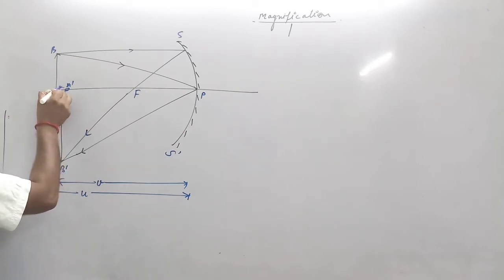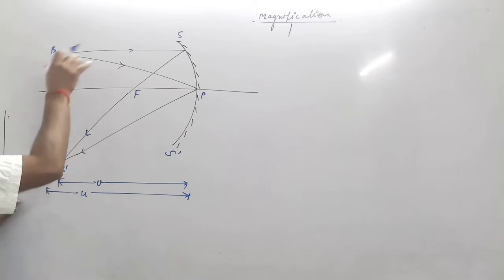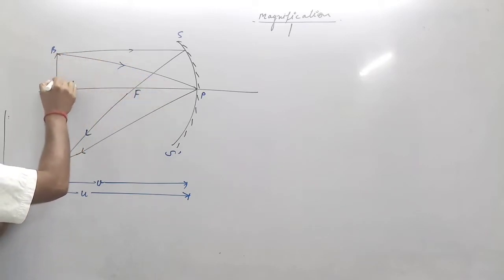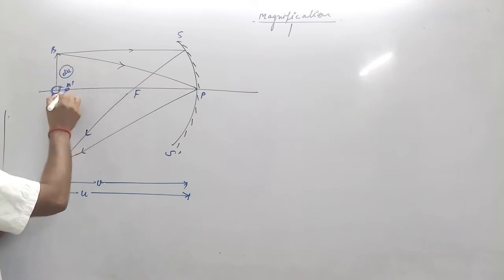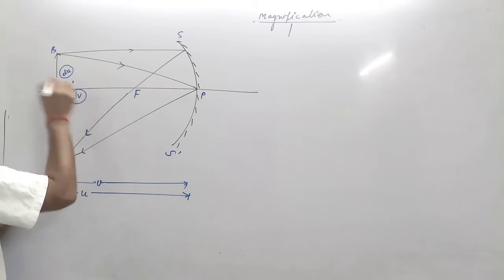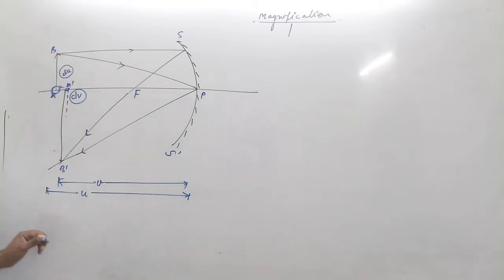If the object is moved by a small fraction along the principal axis, it covers a very definite distance du along the axis, and the image takes a small extension dv.